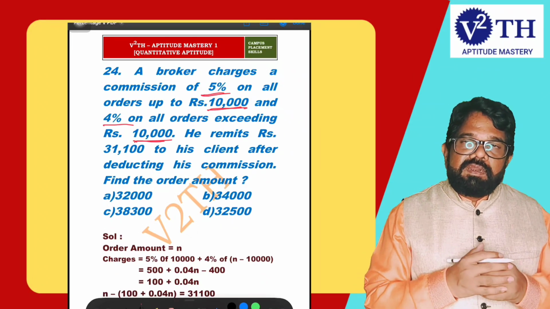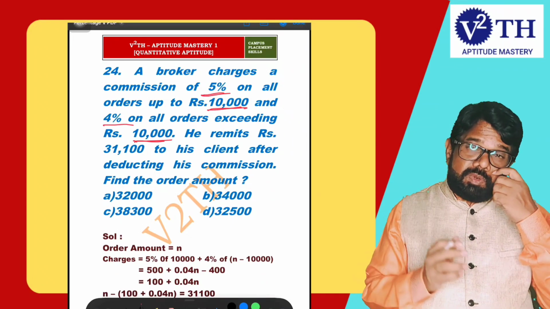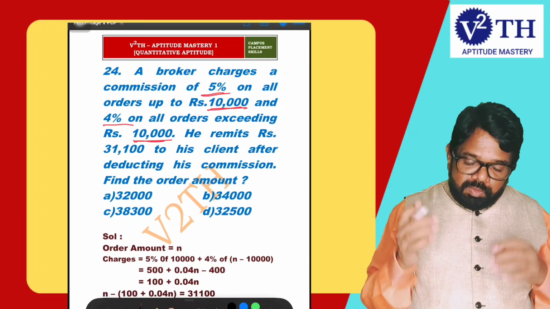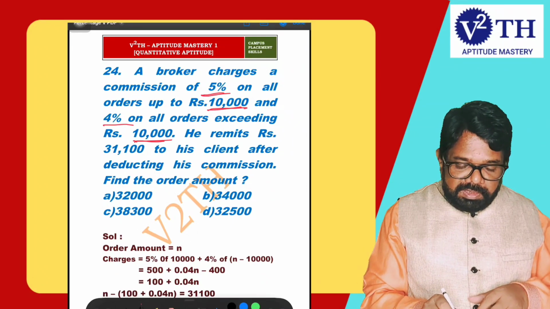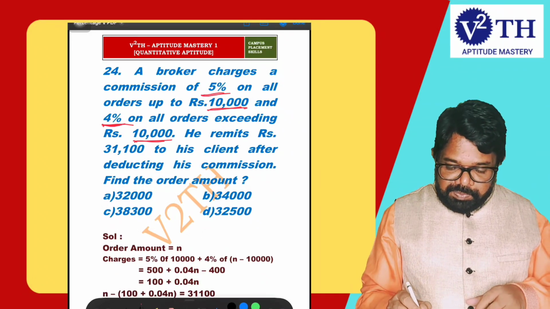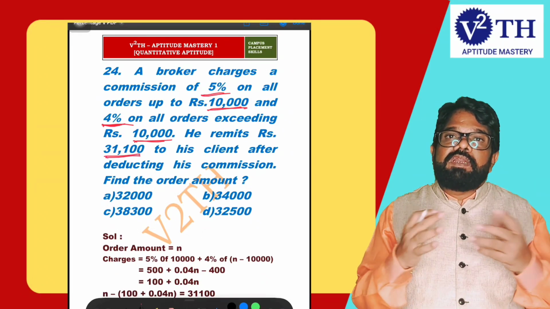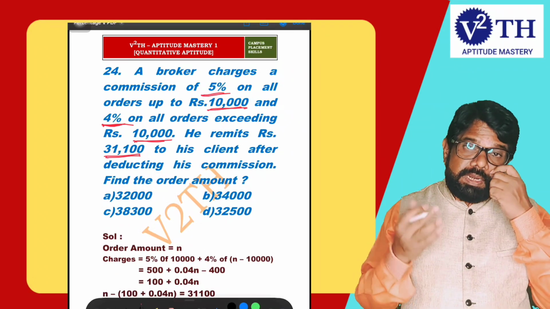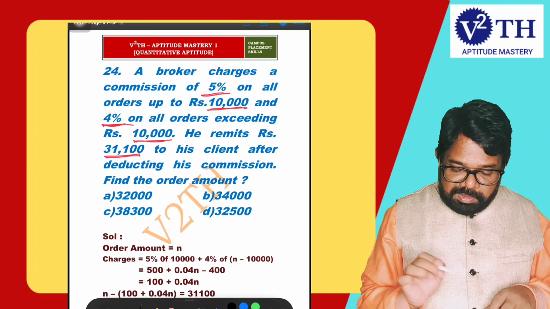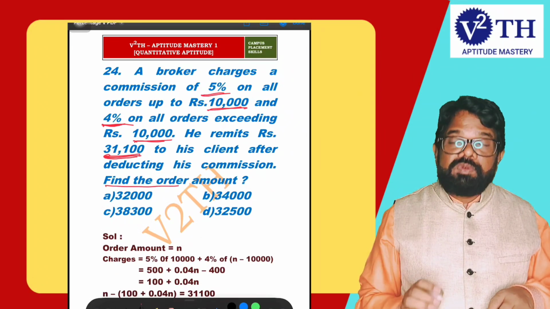On each and every order, how much does he charge? 5% up to a 10,000 rupees order, and on the amount more than 10,000 he charges 4% commission. He remits 31,100 to his client after deducting the commission. Find the order amount.